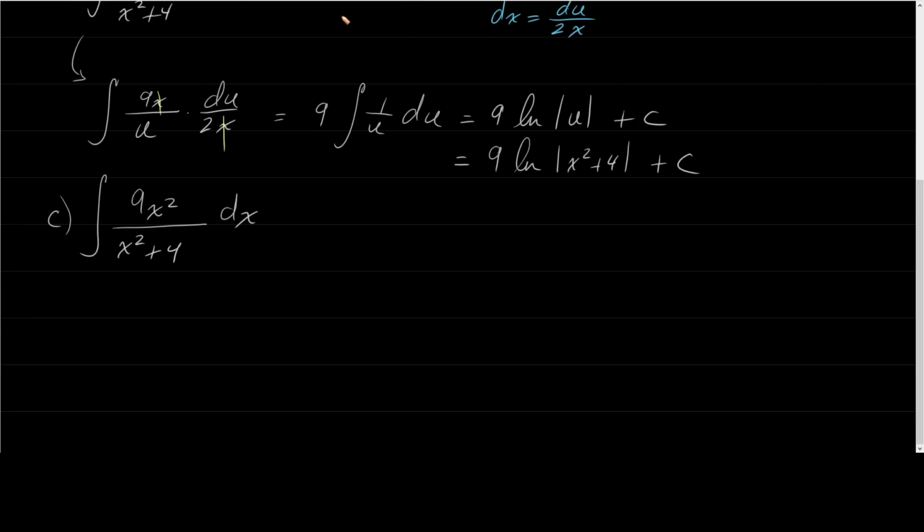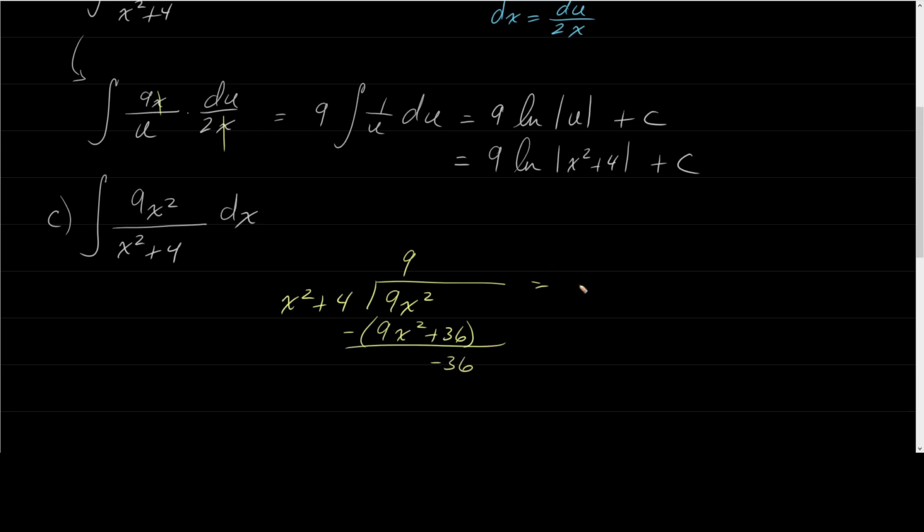So what we're going to do here is take x squared plus 4 and divide it into 9x squared, all right? To do this division, we multiply by 9, so I get 9x squared plus 36. Not plus 4, plus 36. 9 times 4 is 36. There we go. And at that point we subtract, so I end up with negative 36.